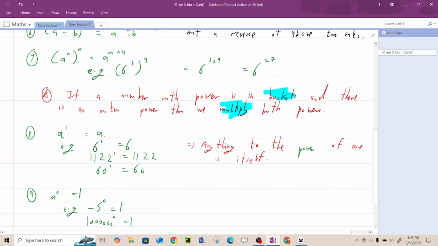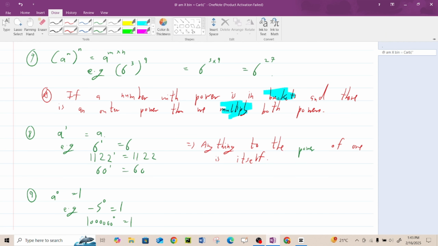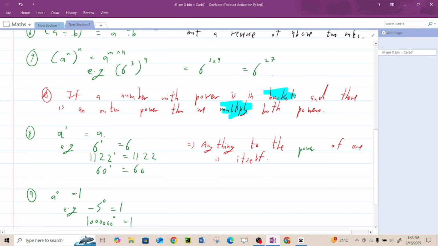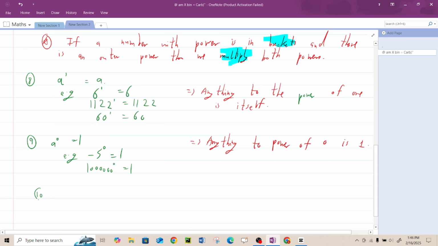So anything to the power of 1 is itself, and anything to the power of 0 is 1.